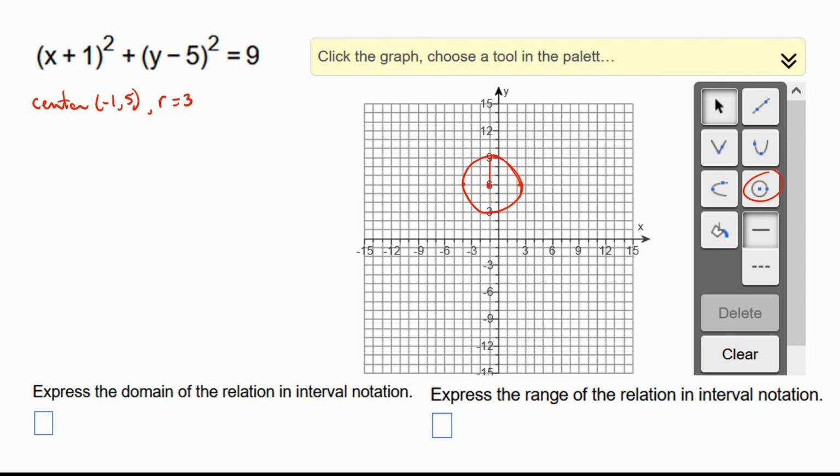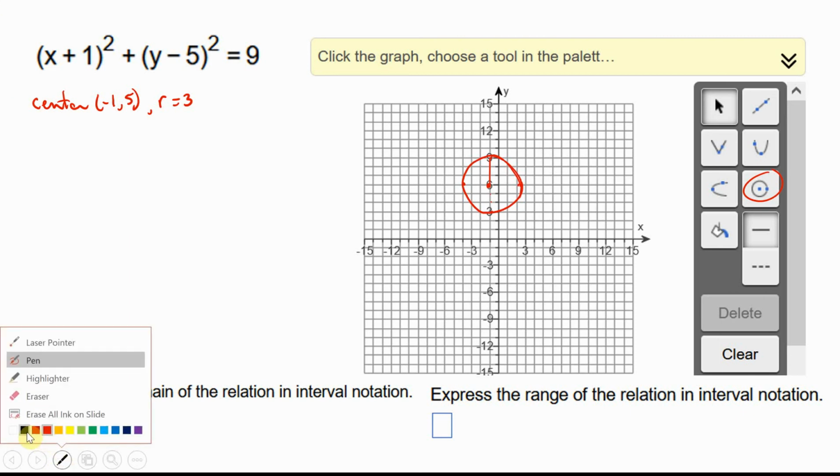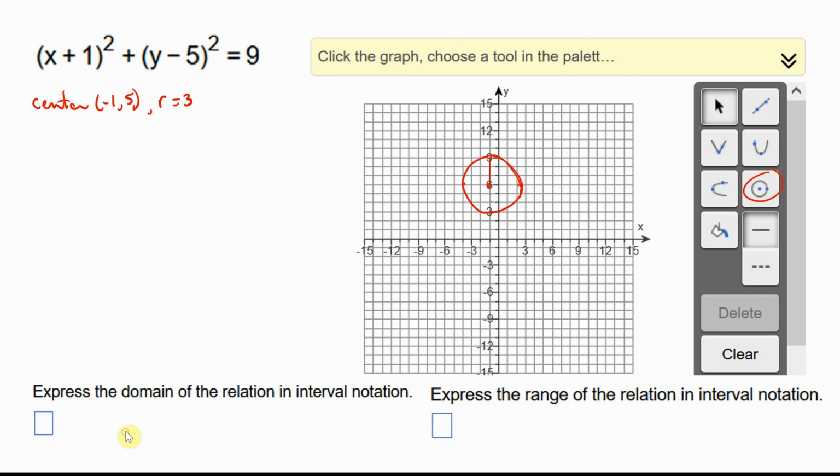Now it says to express the domain and the range. The domain are the x values that define the graph or the function, and the range would be the y values that define the graph or the function. So my domain is going to run with respect to the x values, from the furthest value of x to the left to the furthest value of x to the right.